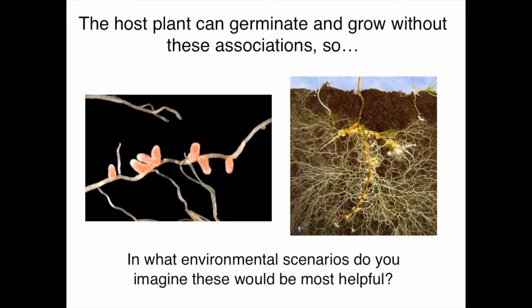And what's really cool is that in 1 gram of soil, we can have up to 50,000 bacterial species, or even, I've heard estimates of 200 meters of fungal hyphae. And that's really amazing. So whether a plant uses them or not, we will find these groups present.